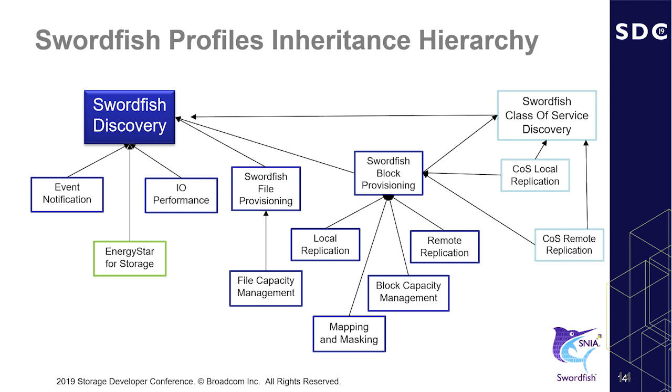What I would look at doing there would be writing a single profile that requires Swordfish discovery and event notification and maybe block provisioning. Whether that's up for debate in the group or not, pick 2 or 3 of these in there. So they would technically have one profile, but it's pulling in like 3 or 4 of our profiles.